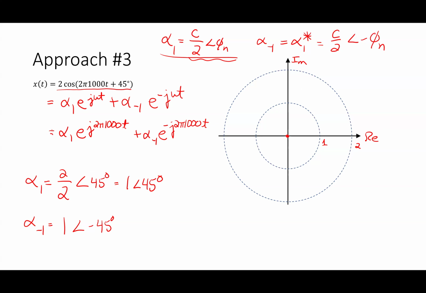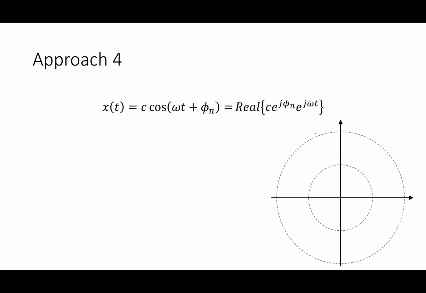At the first circle, with an angle up of 45 degrees. This guy would be alpha 1. Alpha minus 1 is its conjugate. This angle here is 45, this angle here is negative 45 degrees because it's going down. This is what it looks like at t equal to 0. As time advances, those two vectors would rotate. So that's the third approach.